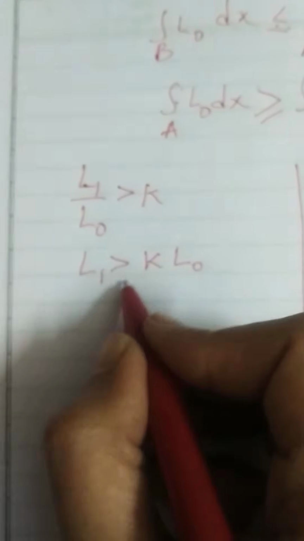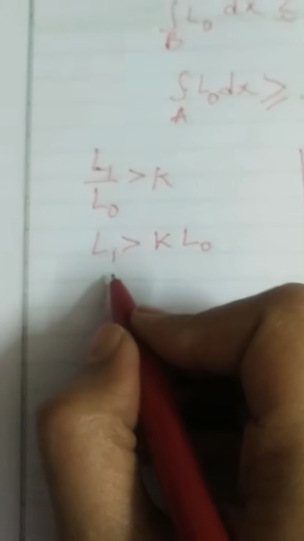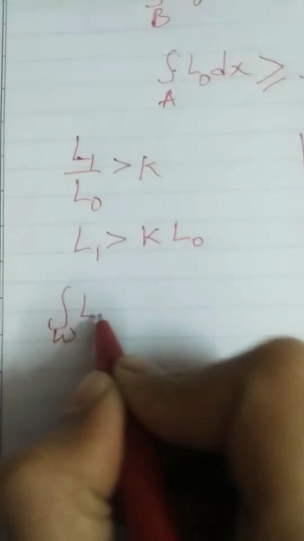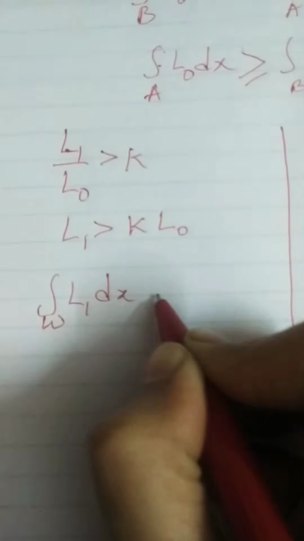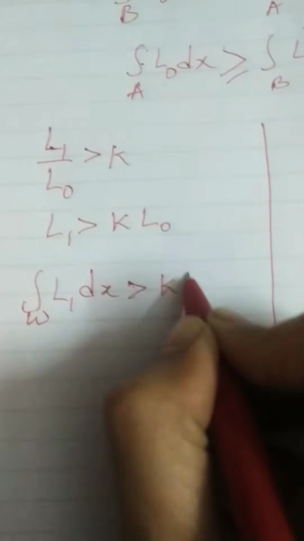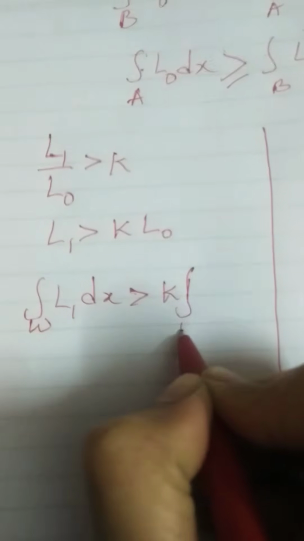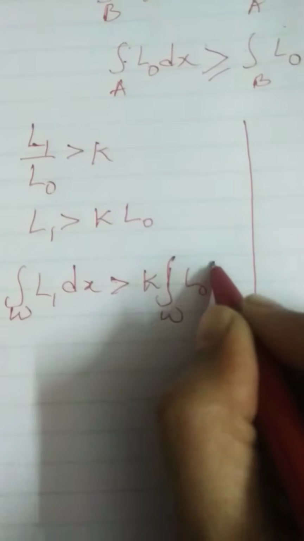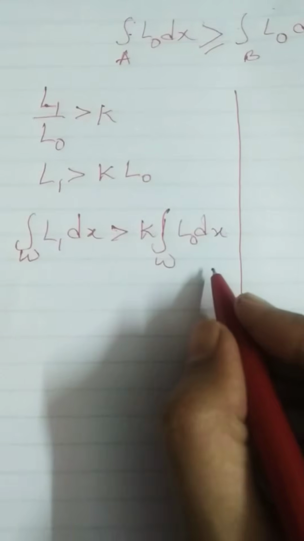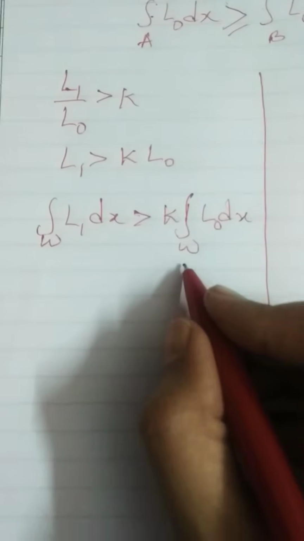Then, students, I can write it as, because this we have got it from where? Omega, right? So I am going to write here integral of omega L1 dx greater than k integral of omega L naught dx, right? So here, students, we are going to put here omega, right?